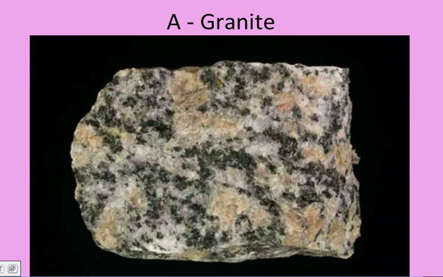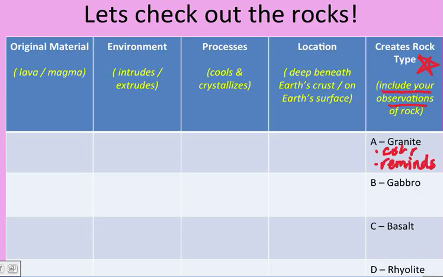Is this going to be fine-grained or is it going to be coarse-grained? Okay, knowing that piece of information, I've got to then go through and fill out my chart. Here are my word choices for each of the 4 columns. So I'm going to use these terms in each of the columns. No other words allowed.